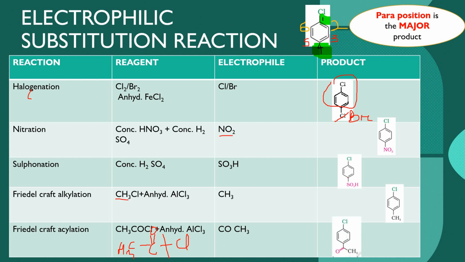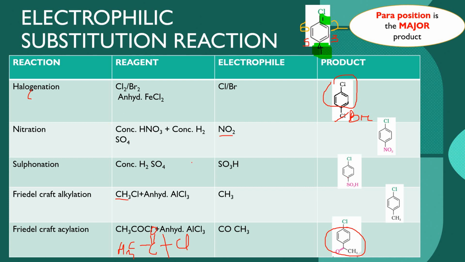So you will get C double bond O, C. It is not the CH3 carbon that is going to attack at the para position. You have to be very careful. Students usually make a minor mistake there. Generally we call this an acetophenone.